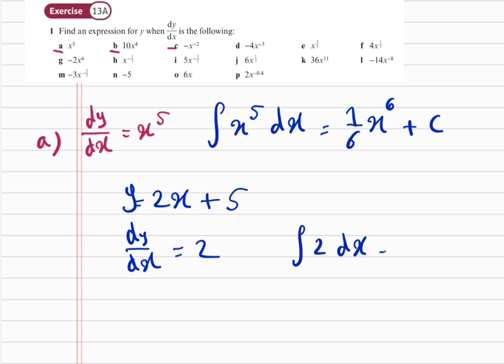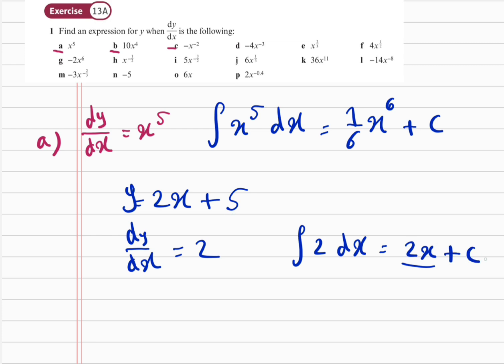If you integrate 2 with respect to x, you are going to get 2x, because whenever you have a number and you integrate that with respect to x, you get that number times x. As you can see, if you integrate with the usual method, you only get 2x. You don't get the 5 here because the actual function has a plus 5 term.